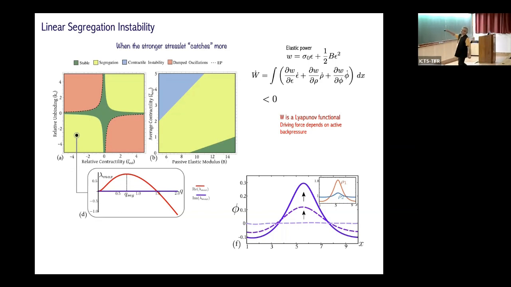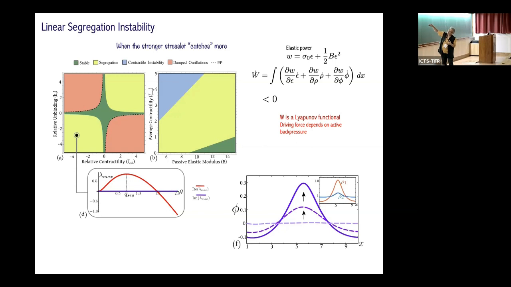There are some peculiar things that happen. For instance, in this unstable regime, when you get patches where there's A-rich myosin and B-rich myosin, in the patches rich in species 1, you see a local increase in density, as you expect.